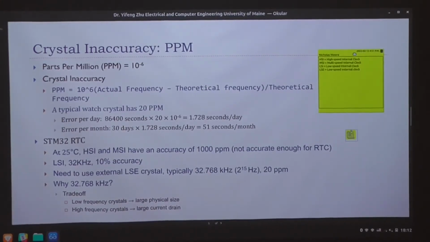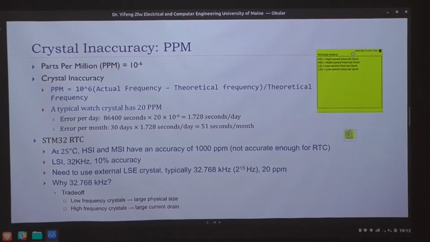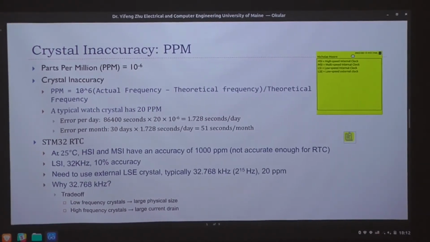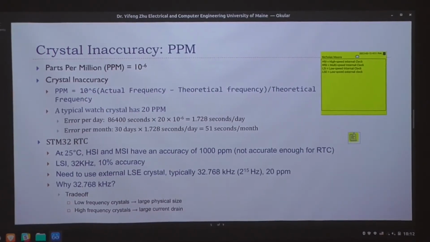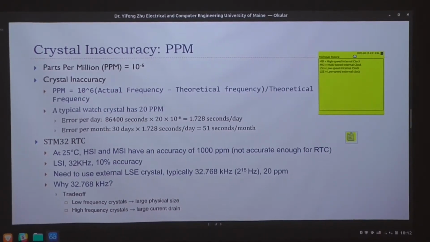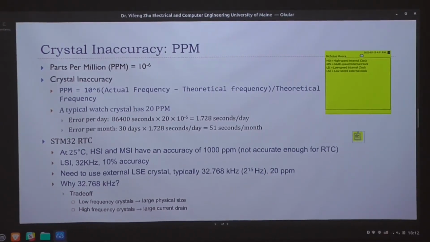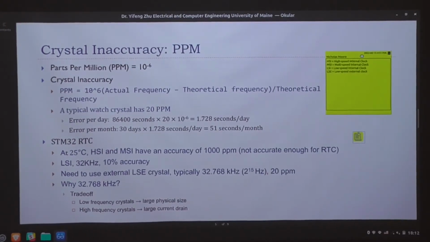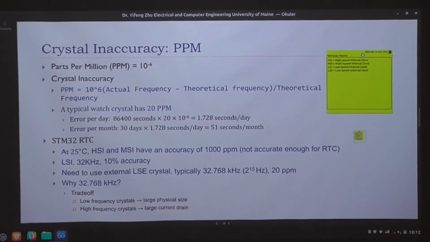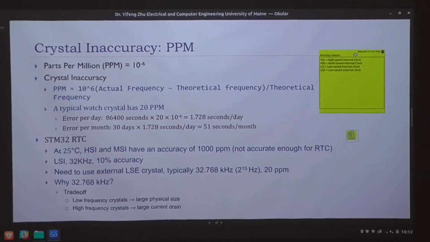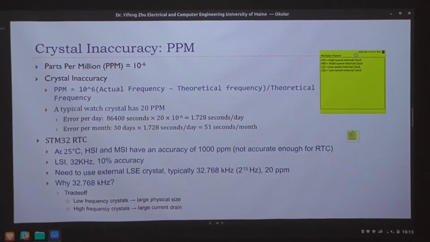Yes? Is it assumed that the actual frequency is bigger than the theoretical frequency all the time? Or do you just need the absolute value? Yeah, because I've been talking about the clock slipping, right?